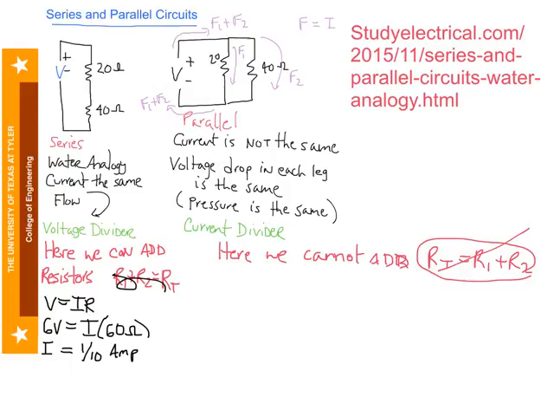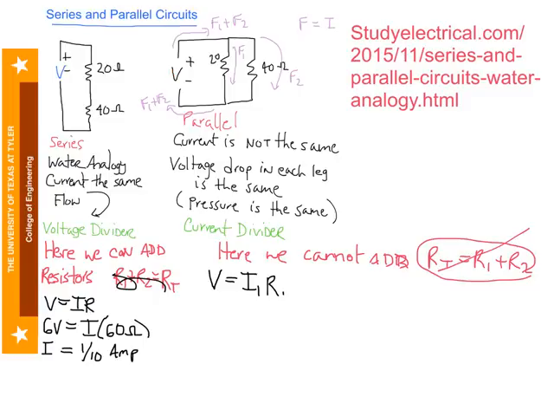On the other hand, if I look at the parallel circuit, I have to look at it in two pieces. The voltage is equal to I1 R1, because along this leg we've said that the voltage drop in each leg is the same.